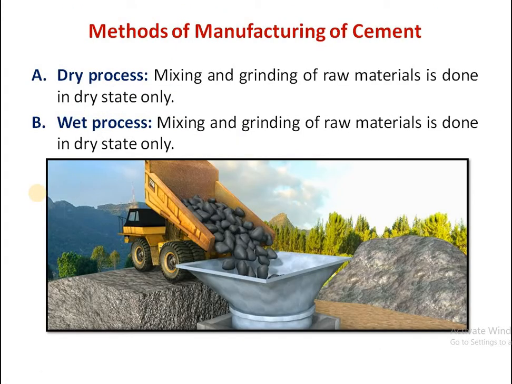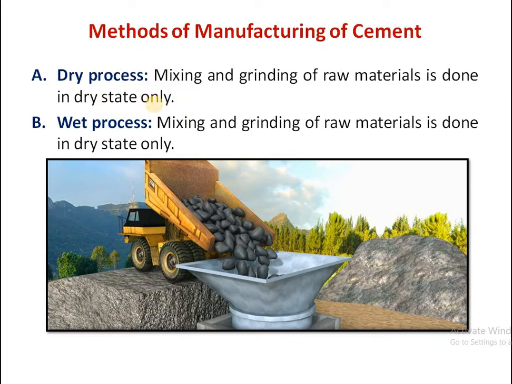So let us know more about methods of manufacturing of cement. Basically, there are two methods of manufacturing of cement. The first one is the dry process of cement manufacturing, and the second one is the wet process. In the dry process, mixing and grinding of raw materials is done in a dry state only. So there is no addition of any external water during the manufacturing process of cement.